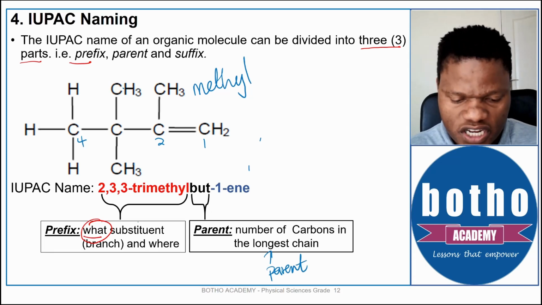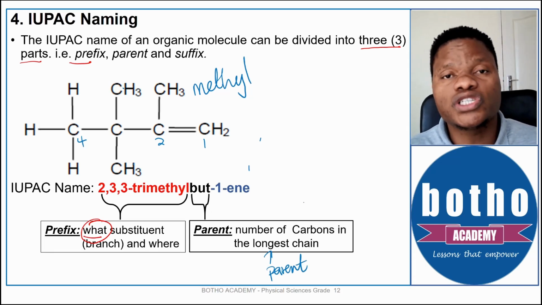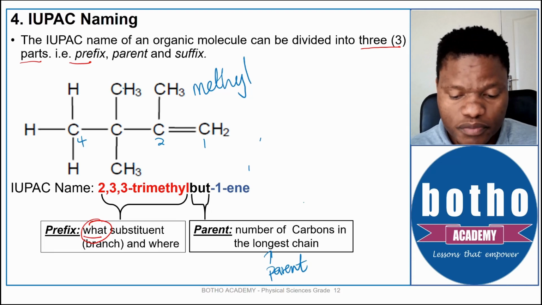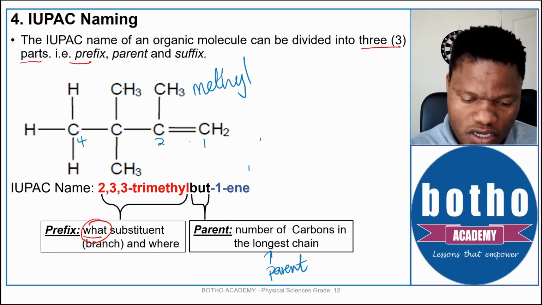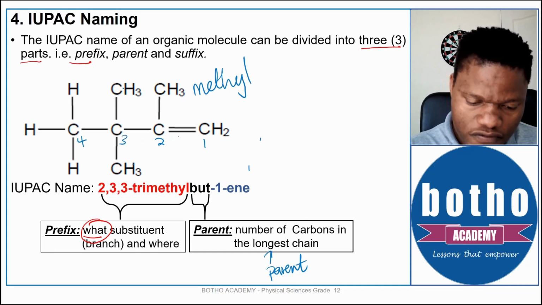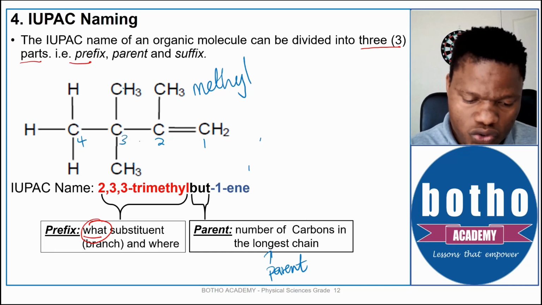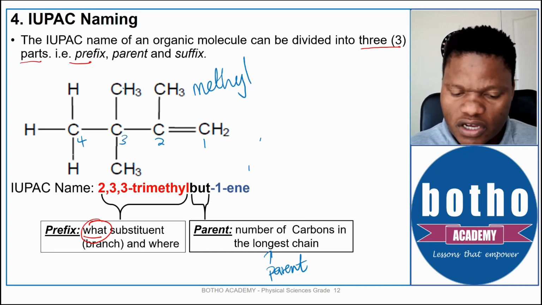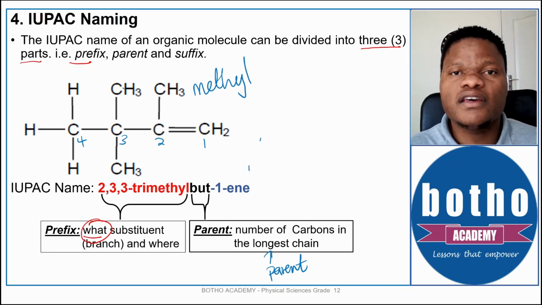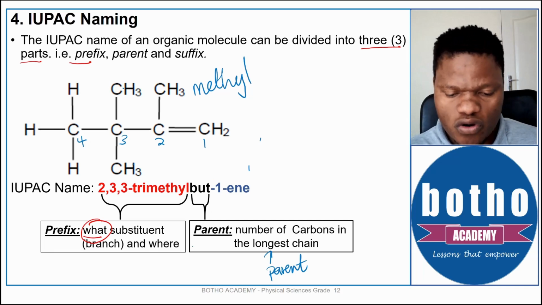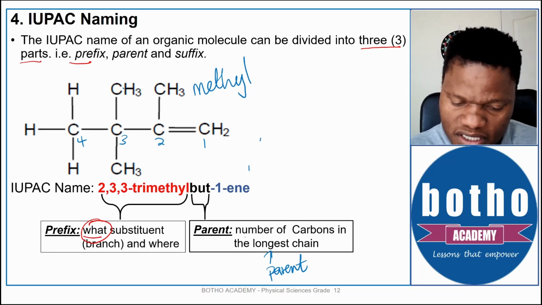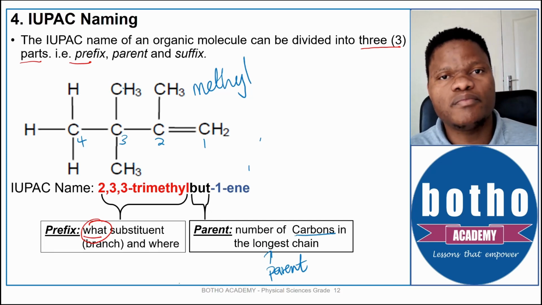The parent chain, which is the longest chain containing the functional group, is made up of 4 carbons. We did our counting and found carbon 1, carbon 2, carbon 3, and carbon 4. So the word but represents the number 4. The parent has 4 carbons, hence it's a but.